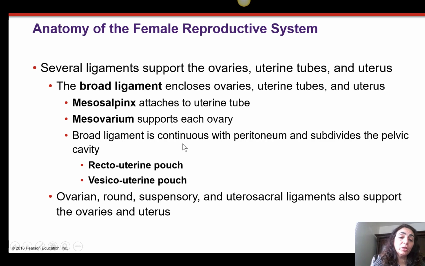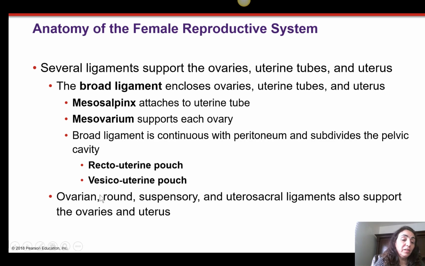Now, the broad ligament is continuous with the peritoneum and subdivides the pelvic cavity. It makes two pouches around the uterus. One is between the rectum and uterus. We call it the recto-uterine pouch. The other is between the urinary bladder and uterus.